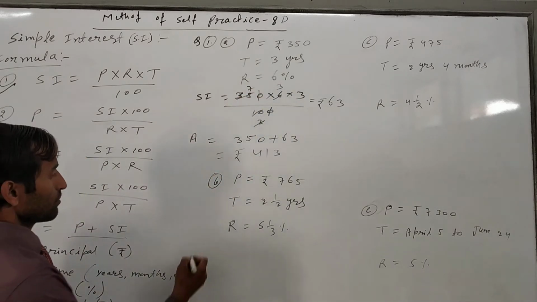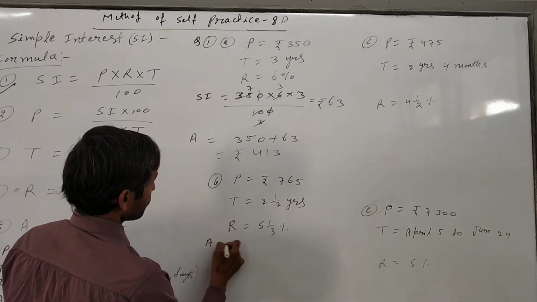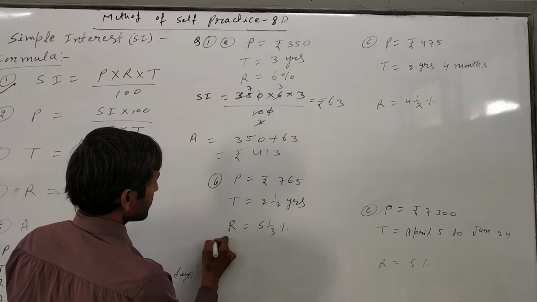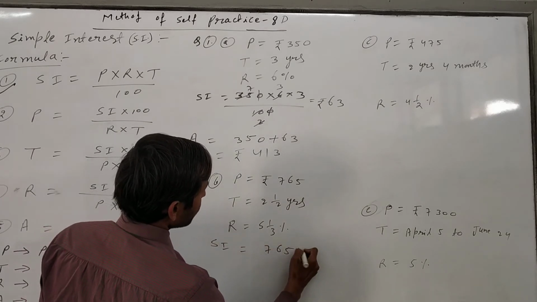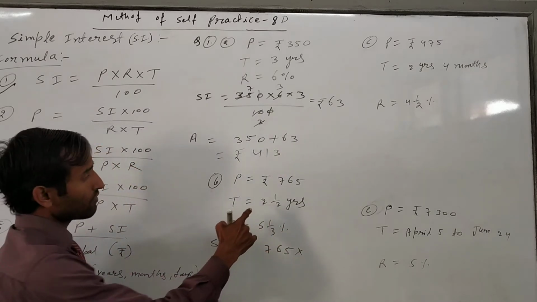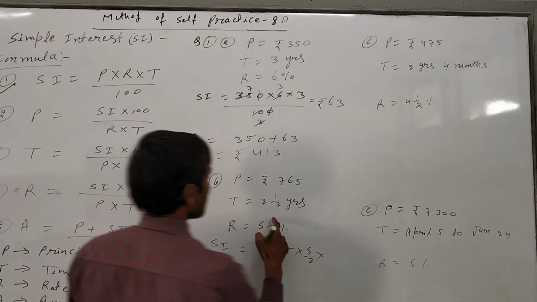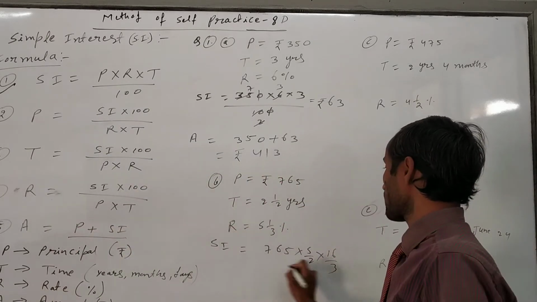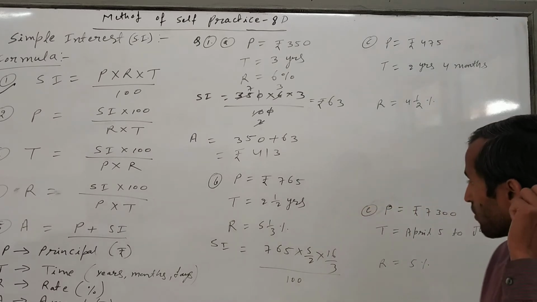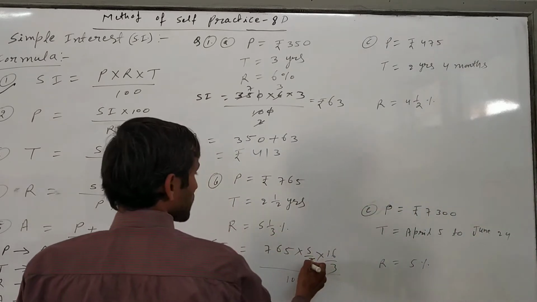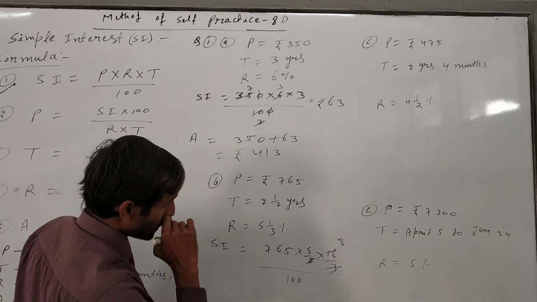Now for part B, again we use SI first of all, P into R into T. Just remove the mixed fractions: the time is 5 upon 2 and the rate is 16 upon 3, upon 100. Now we cancel out. Cancel by 16, 8 comes, then we can cancel by 3 also.